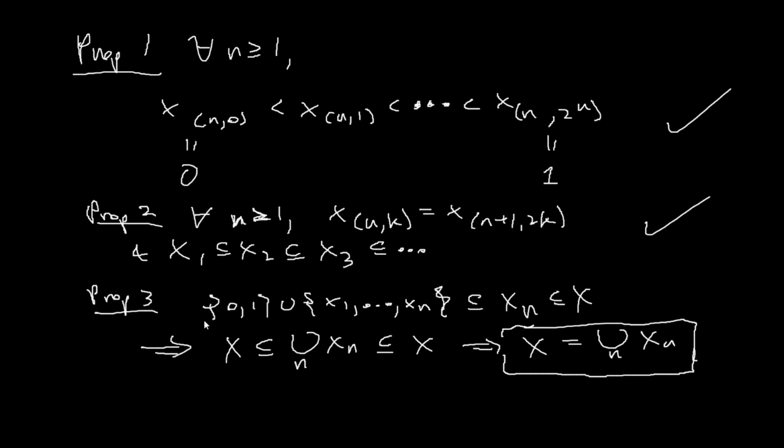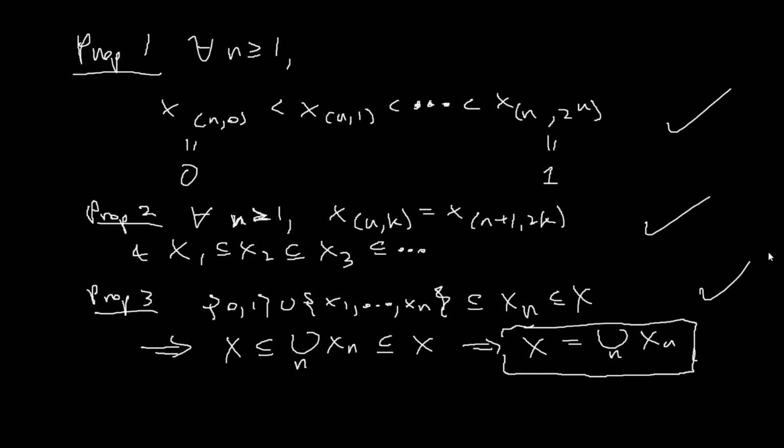And then for proposition 3, we have that {0, 1} union x1 up to xn is a subset of Xn, and that's a subset of X. And when we take the union over all the n's, we end up with X is a subset of the union of all the Xn's, that's a subset of X, which means that X equals the union of Xn over all the n's.